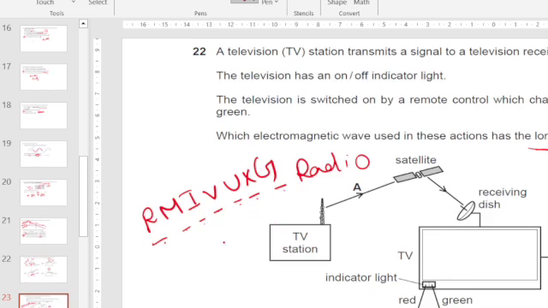This will be increasing frequency order, and decreasing wavelength. So they are asking the longest wavelength. So longest wavelength is radio waves. Option A is a correct option.